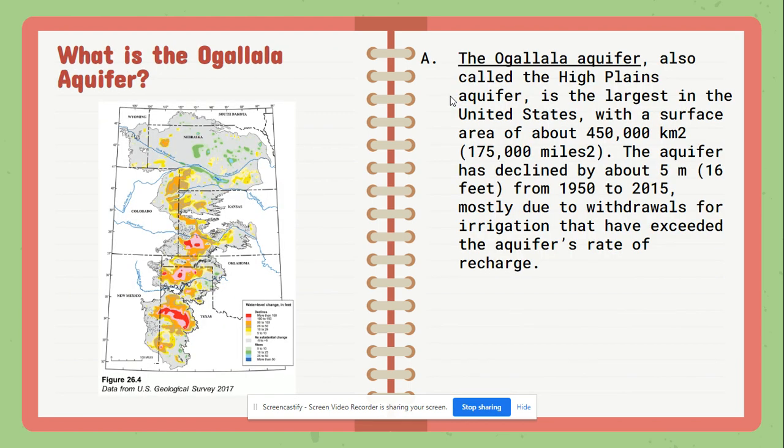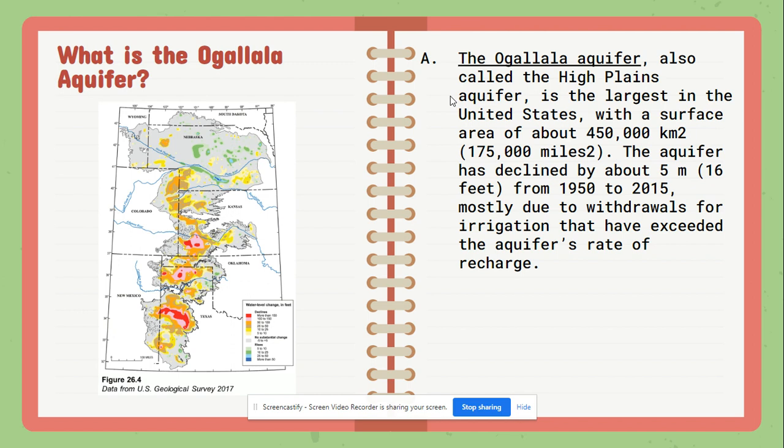A very famous aquifer, actually the largest aquifer in the world, is the Ogallala Aquifer, located in the western part of the United States. It can also be called the High Plains Aquifer, and it covers a surface area of about 450,000 square kilometers. It's part of the reason why the western part of America is high in agricultural production.